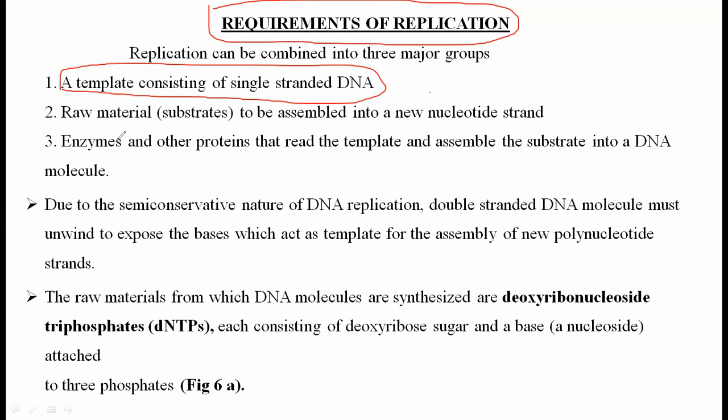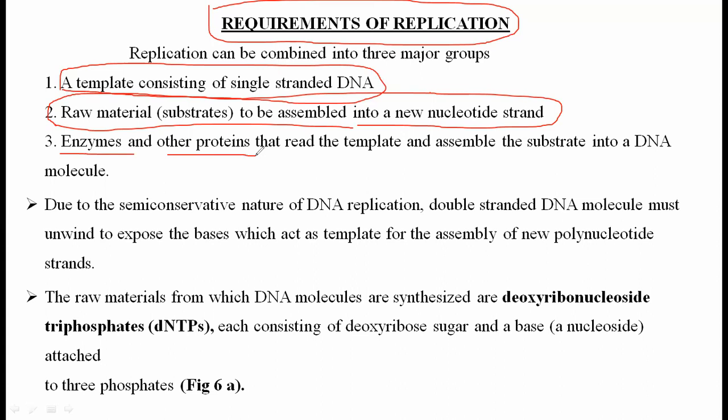Number two, a raw material from which we can form a new nucleotide strand, right? Number three, enzymes and proteins that can read this template and assemble the new substrate according to it.